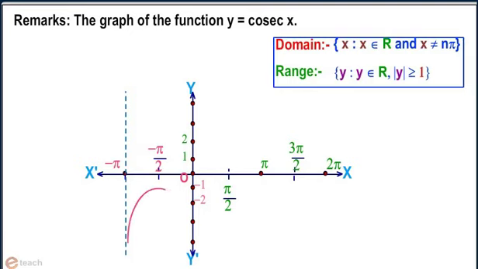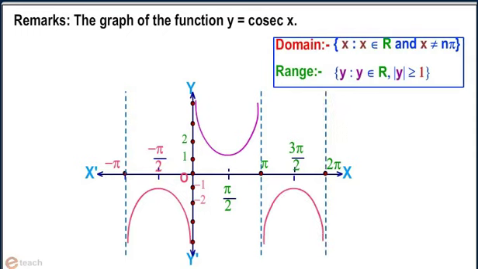Let us see the graph of the function y equals cosec x. The domain is all the real numbers, but x should not be equal to n pi. Note that at x equals n pi, the value of sin x becomes 0.